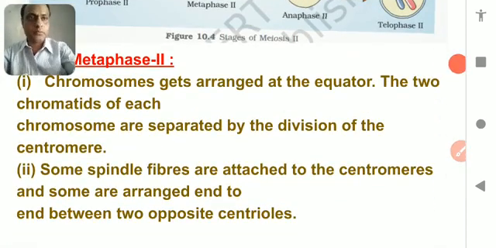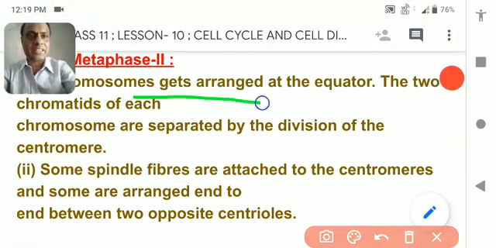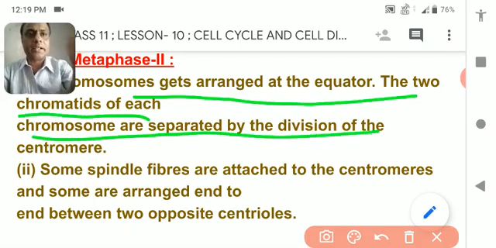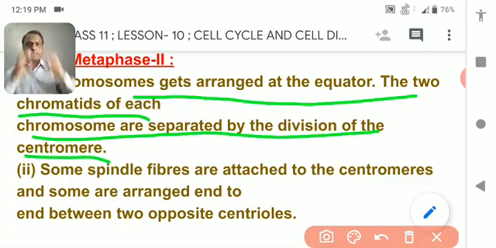During metaphase 2, the chromosomes get arranged in the equatorial region and the chromatids of each chromosome are separated by the division of the centromere.